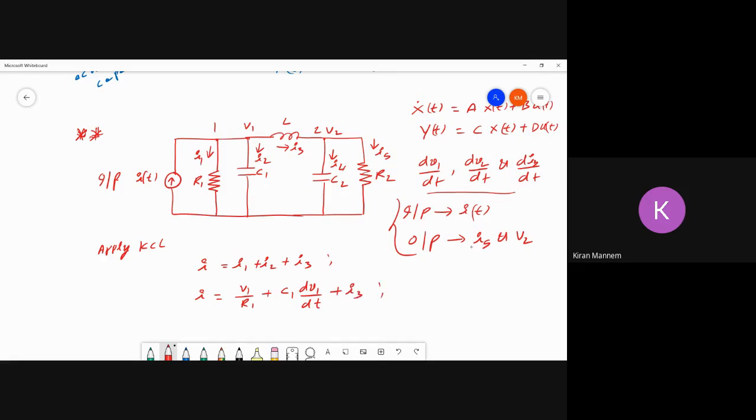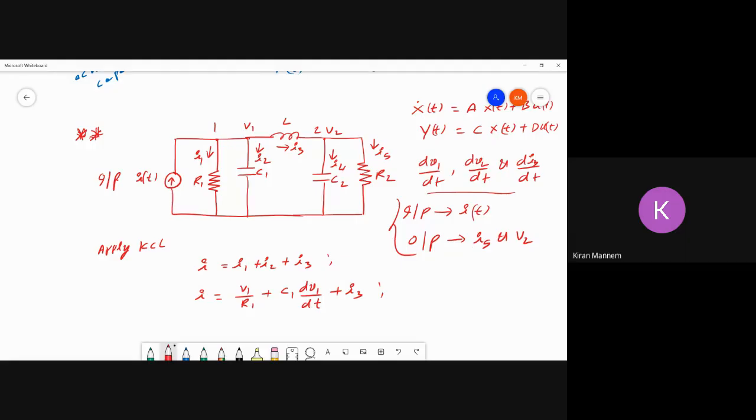Look at this equation. I need dV1 by dt, and I got it in terms of x of t, that is, the state variables. What are the state variables here? I3, V1 and V2. So I got V1, V2, I3, and also the differentiation of V1.